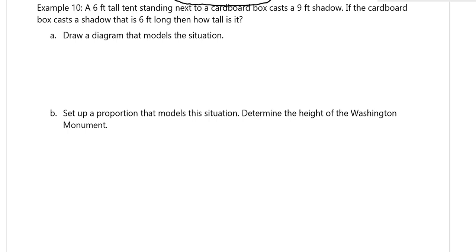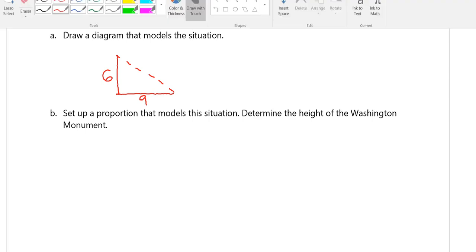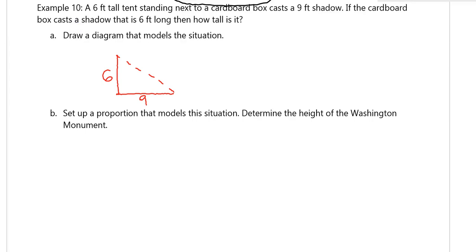So my tent is 6 feet tall and has a shadow of 9 feet. It's next to a box. Right? The shadow is 6 feet. How tall is it?